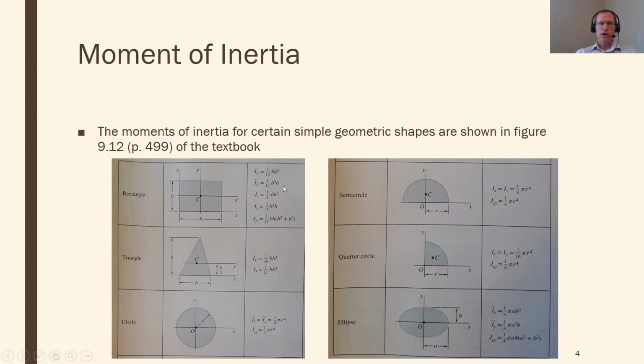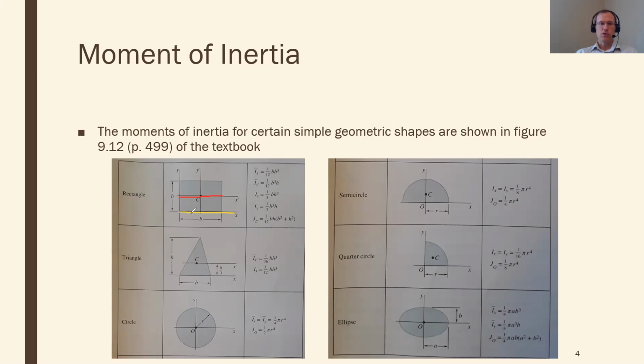And so you'll see from the equations, the moment of inertia about the x-axis is 1/3 base times height cubed. So base along the x-axis, height perpendicular to it. So 1/3 base times height cubed around this x-axis, but only 1/12 base times height cubed around the centroidal x-axis.